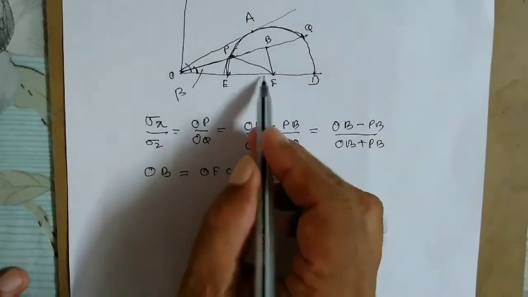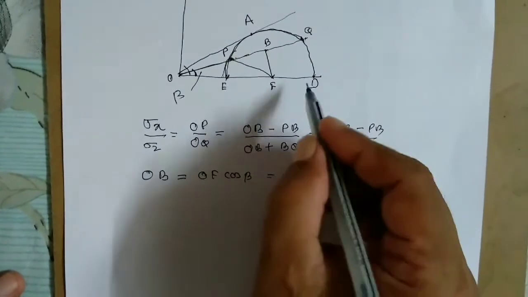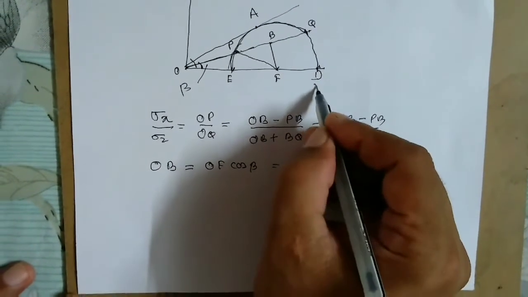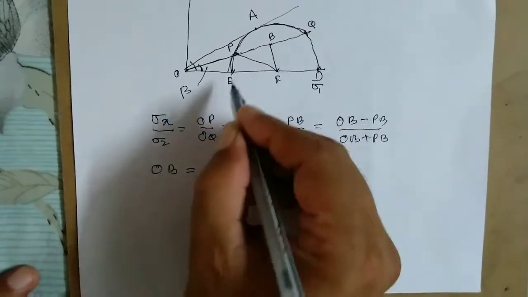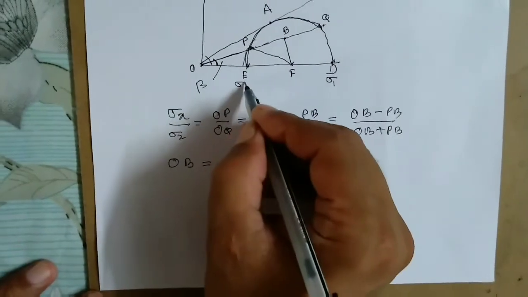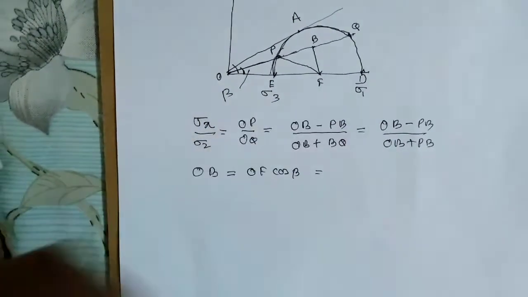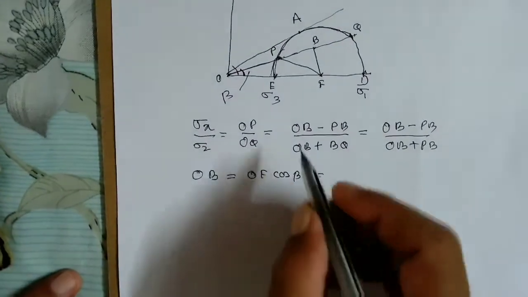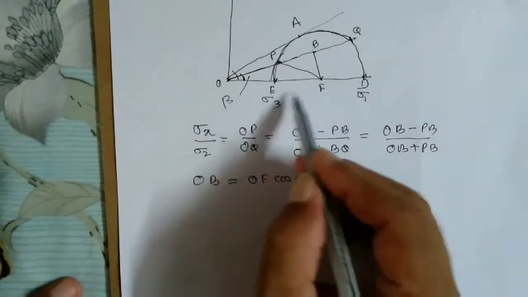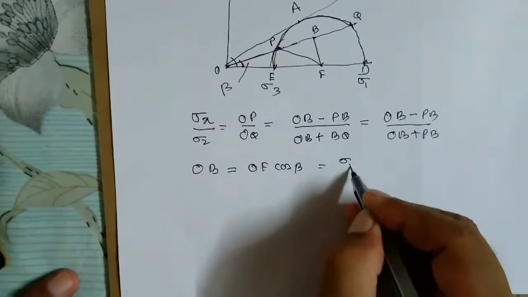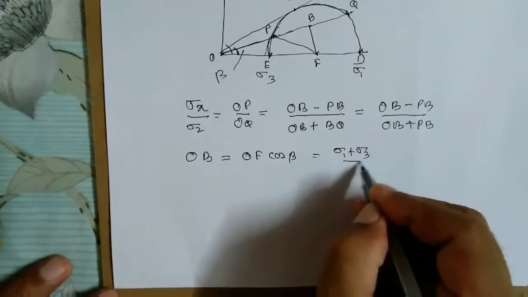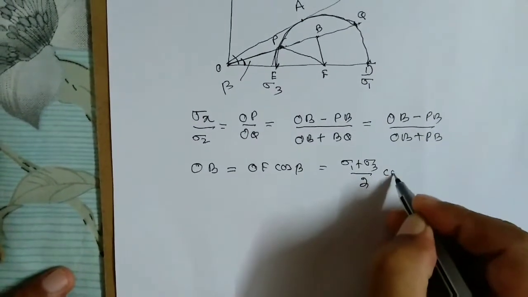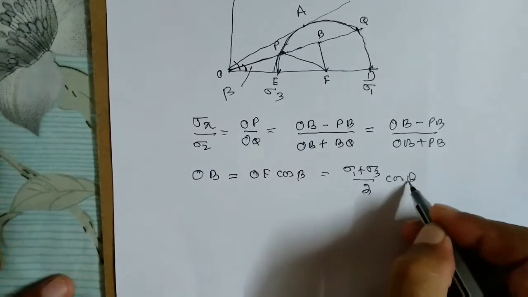But OF is the mean of the major principal stress, which we call sigma 1, and the minor principal stress OE, which we call sigma 3. So OF is the mean of sigma 1 and sigma 3, so OB is (sigma 1 plus sigma 3) by 2 cos beta.